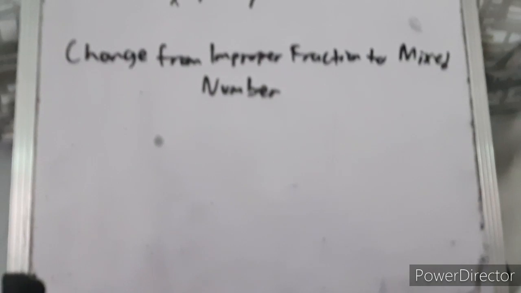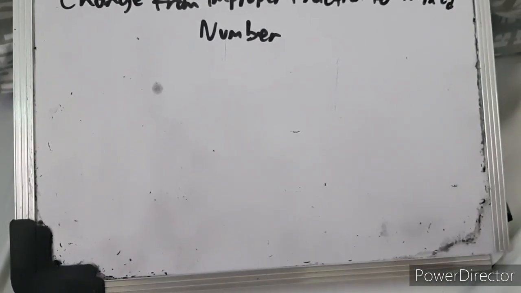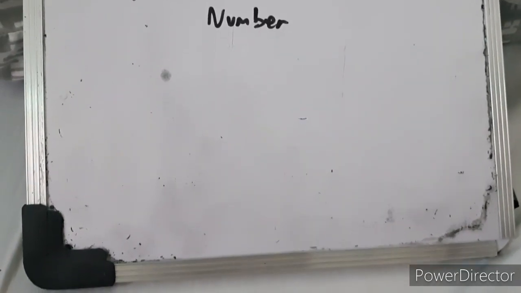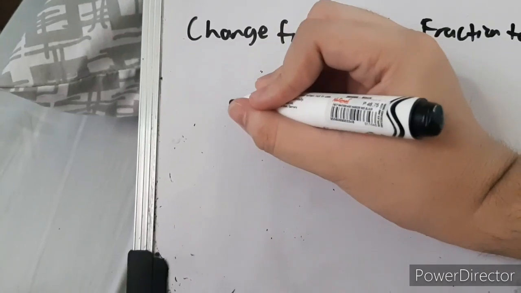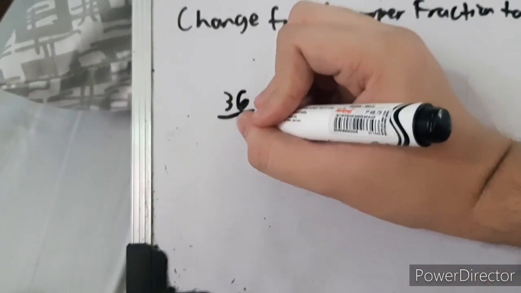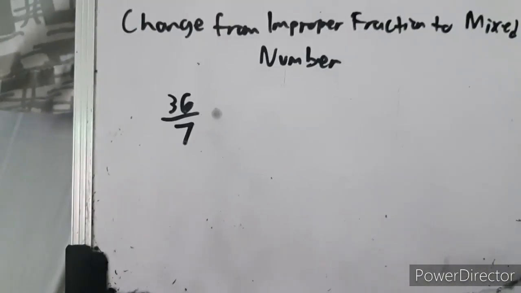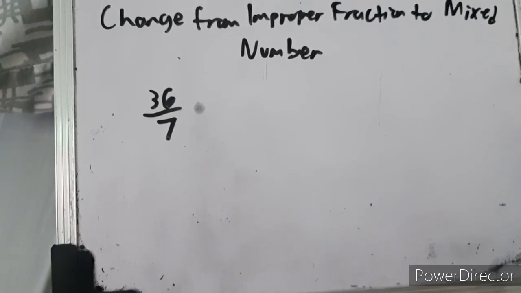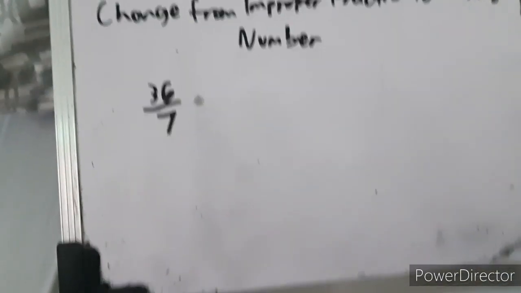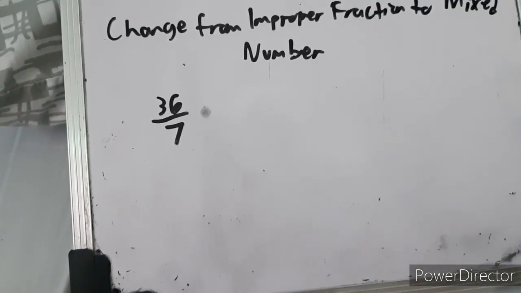Next naman is change from improper fraction to mixed number. So, this is the opposite way. Pero, here's a different technique. Okay? So, for example, 36 over 7. So, alamin mo dapat kung mga tables of 7. Ayan. So, in this case, ilan 36 sa 7? 5.